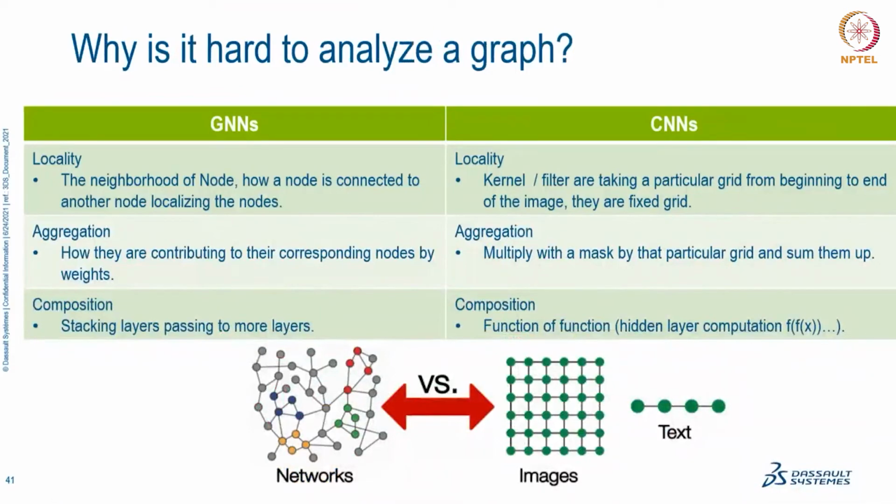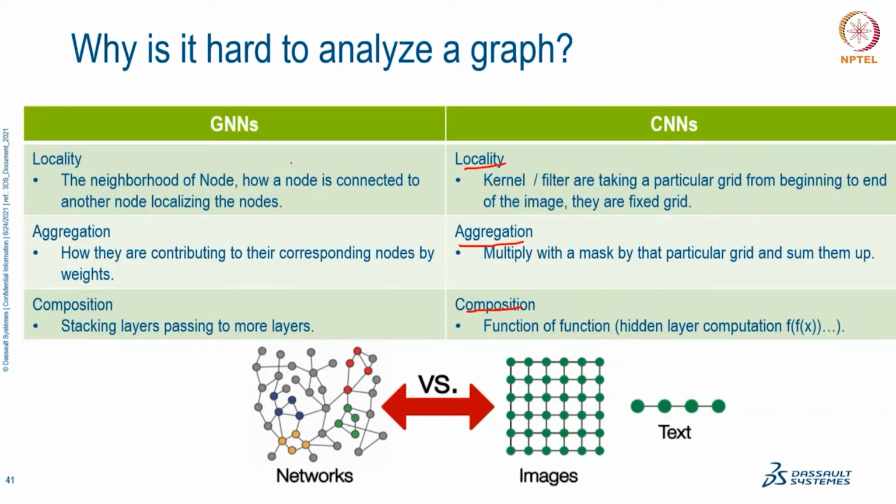So why is it hard to analyze graphs? These are the three main criteria for CNNs. The first is locality: as we already know, CNNs can maintain the structure of nearby pixels.